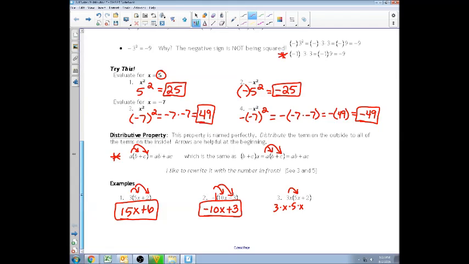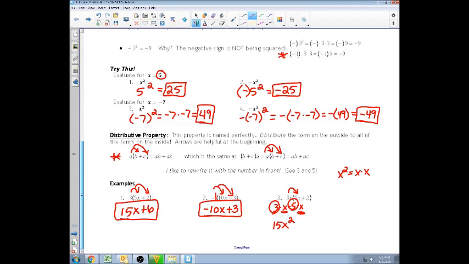Remember when we were talking about exponents, x squared really was the same thing as x times x, right? Well, if you look down here, I have x times x. So how this is going to work is I'm going to take the 3 times the 5. That will give me 15. Then I'm going to take the x times the x, which is then x squared. And then I can just write them all together. That means the same thing as multiplication.